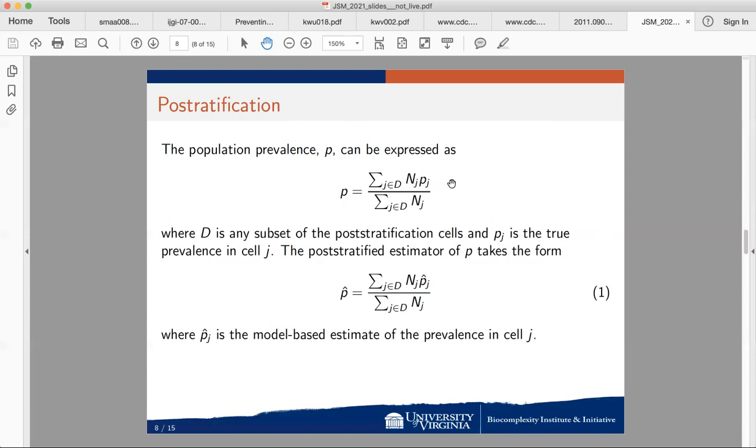Here, P sub j is the true prevalence in each of the cells J. Our post-stratified estimator of the population prevalence takes the exact same form, where we replace the truth with the estimated prevalence in cell J from our multi-level model.